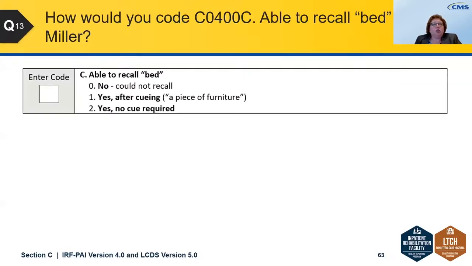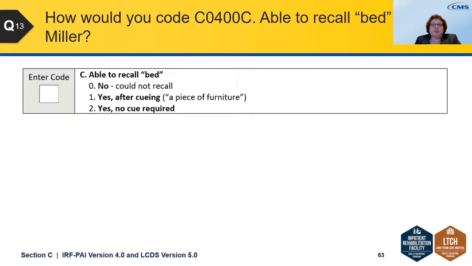Okay, so how would you code C0400C, able to recall bed for Mr. Miller? Would you use code 0, no, could not recall, 1, yes, after cueing a piece of furniture, or 2, yes, no cue required? Okie doke. Let's go ahead and close that poll out and see how you guys did.